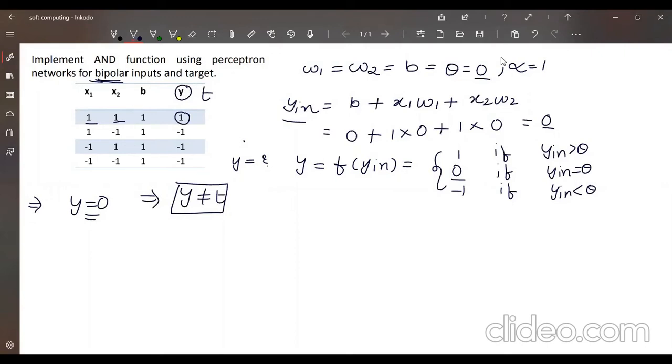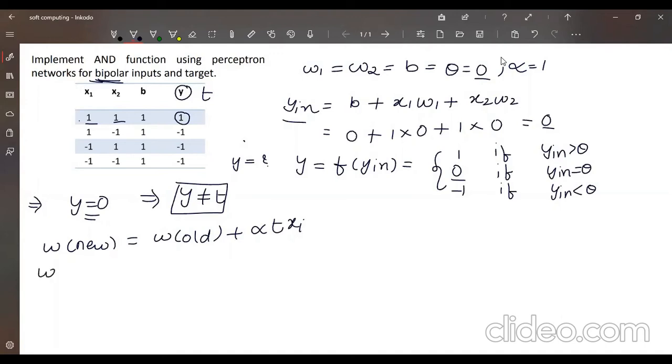The weight updation formula in the perceptron network is W new is equal to W old plus alpha, the learning rate, into T, the target value, into Xi. Xi means either X1 or X2. So let's find the new W1.